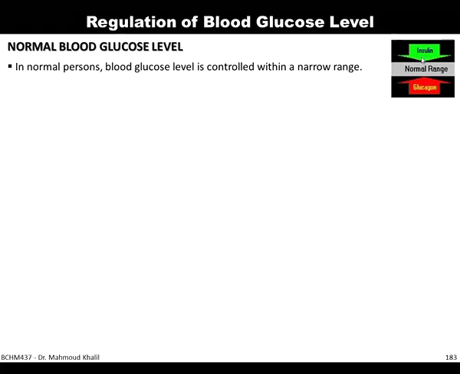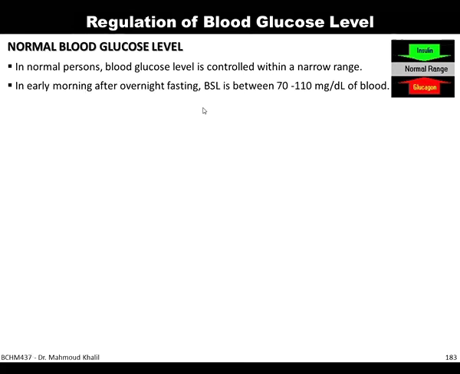Insulin, of course, decreases the blood glucose level, while glucagon has the opposite action of increasing it. In normal persons, the blood glucose level is controlled within a narrow range. In early morning, after overnight fasting, the BGL is between 70 to 110 milligrams per deciliter of blood.